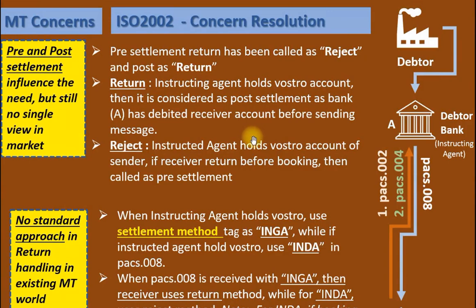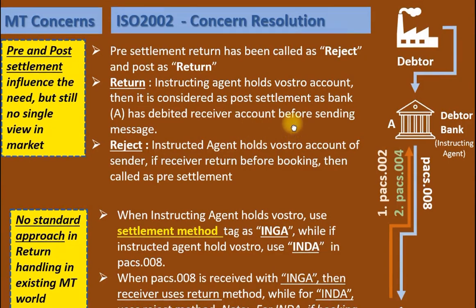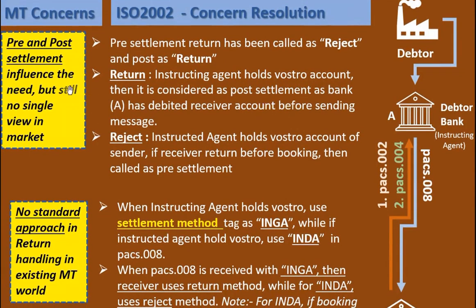So let's take the concerns one by one and try to understand how they have been resolved. The very first concern is that pre and post settlement is not very clearly distinguished currently. So what is the market understanding, or the current understanding in the evolving world? Return is when the account which is held by the party is debited, that is called a return, and anything happening after that.